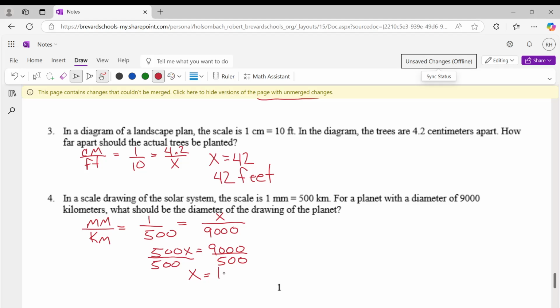We get 18. And again, your 18 was in the numerator, so your answer needs to be in 18 millimeters. Any questions so far?